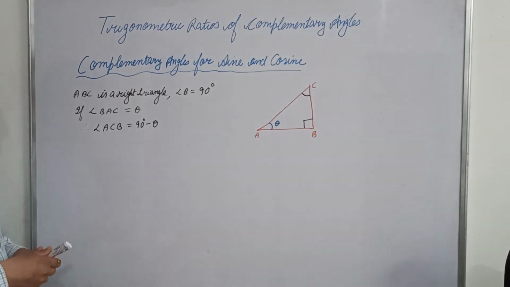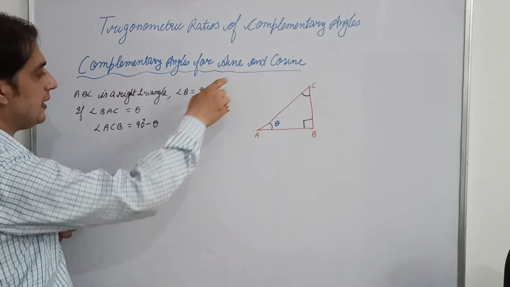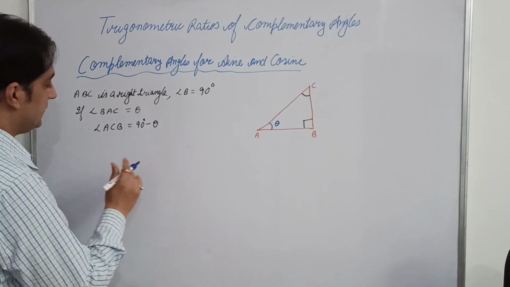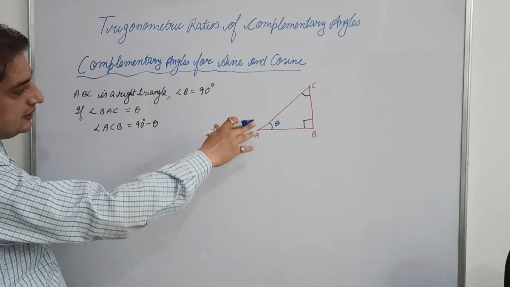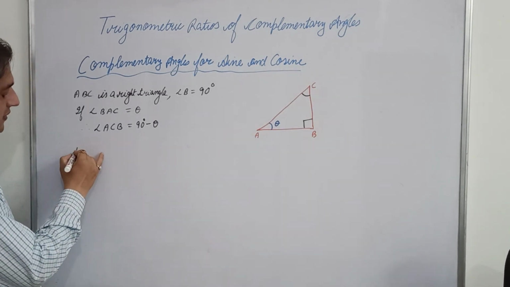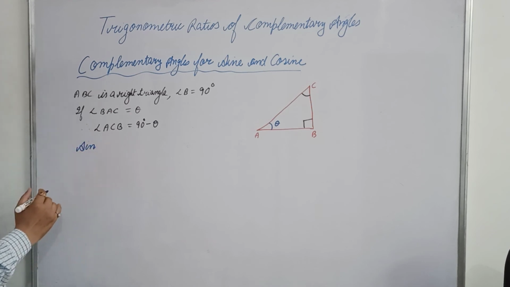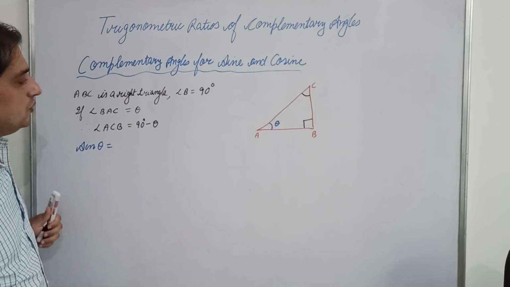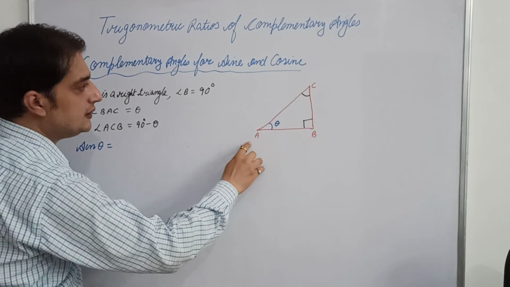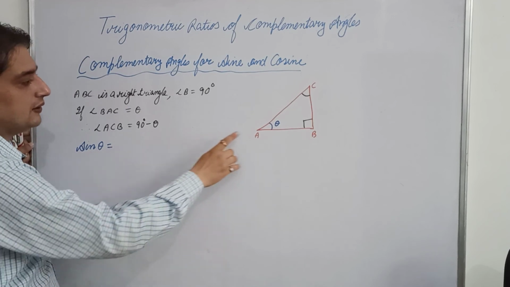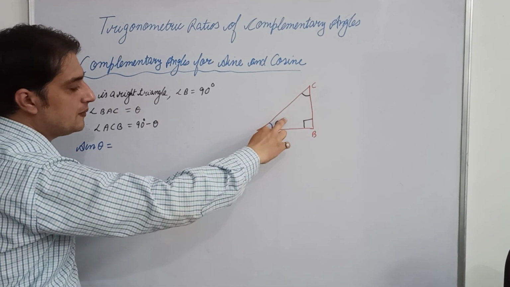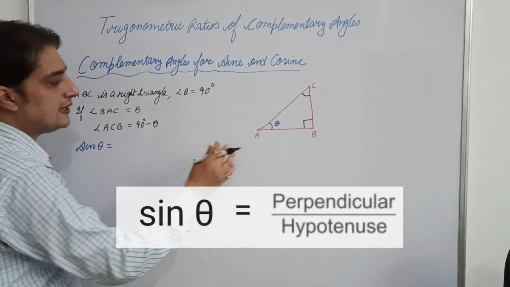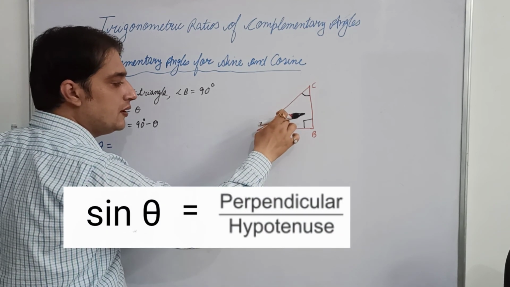So now we find T ratios for sine and cosine. From this triangle ABC, what is the value of sine theta? Sine theta, where theta is angle BAC, is our angle of reference.